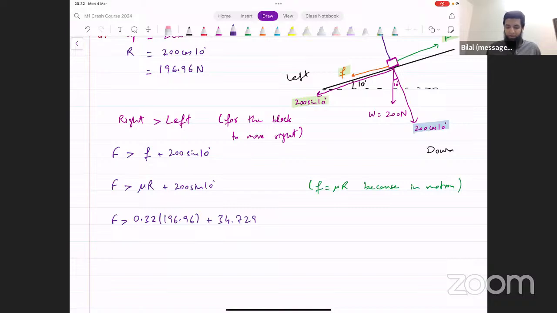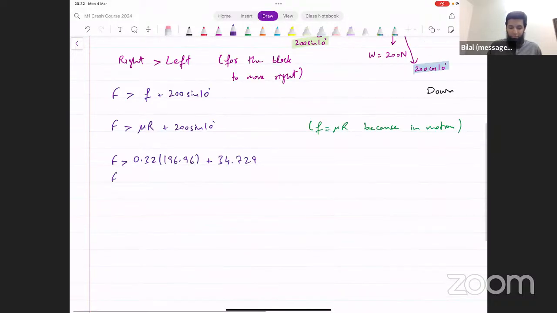And then what do we get at the end? What's the final result? 97.7562. If we wanted to round that off, we would say this is F greater than 97.8 Newton.